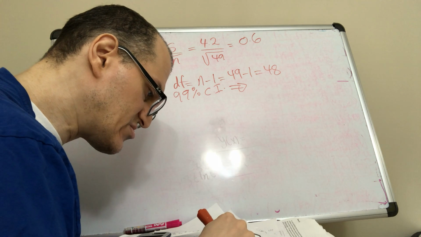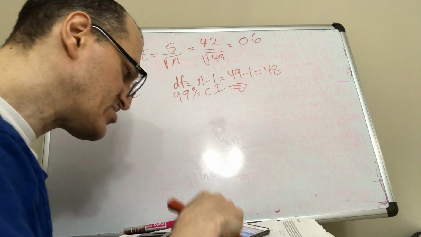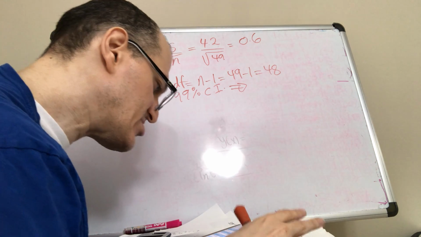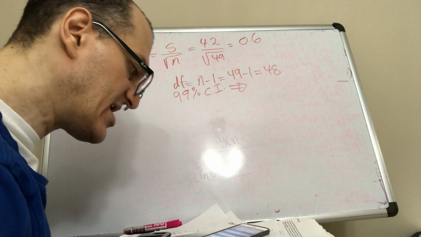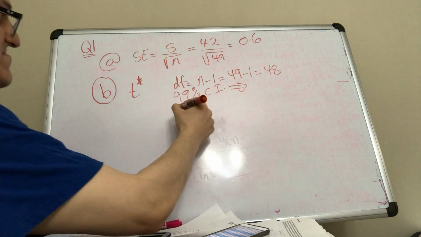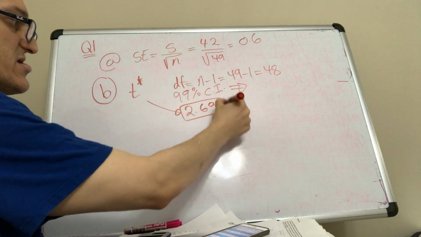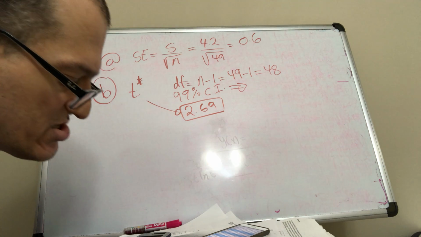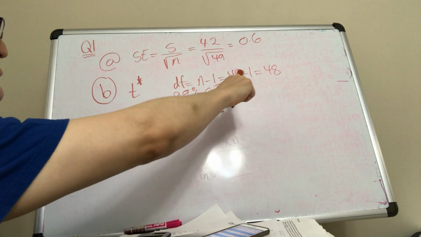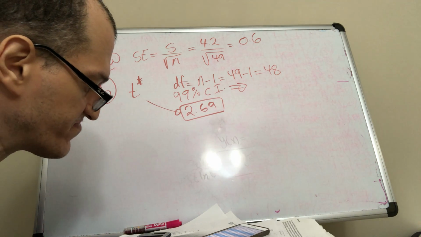And it's 2.66, 2. So maybe you guys have a more accurate one. It will be roughly very close to 2.69. Make sure that you look it up. You can Google it too. You can just say t-star degrees of freedom 48, 99%, and it will tell you what it is.